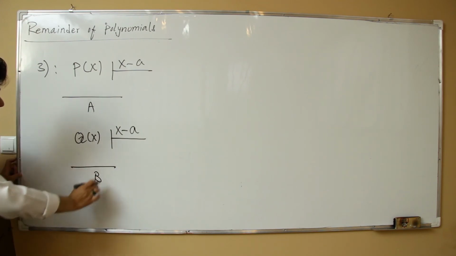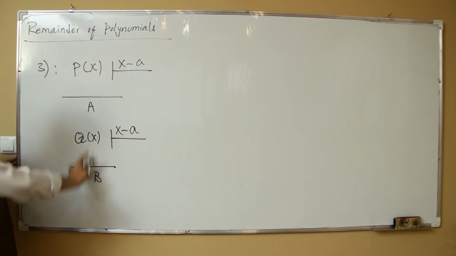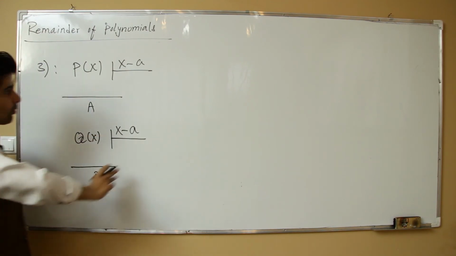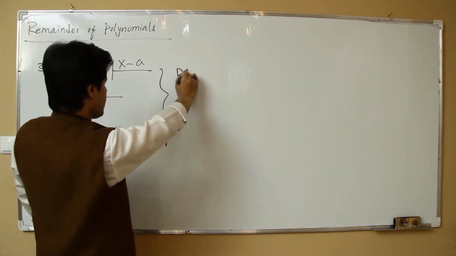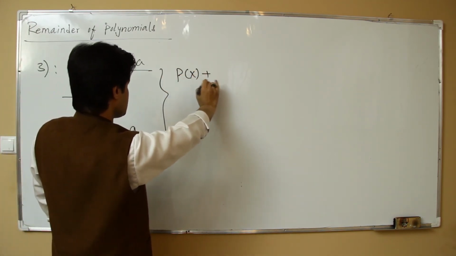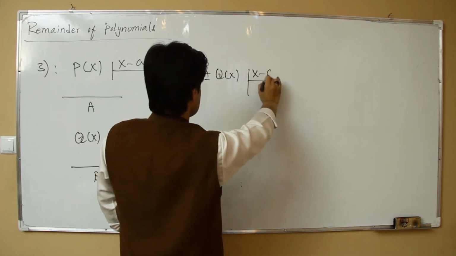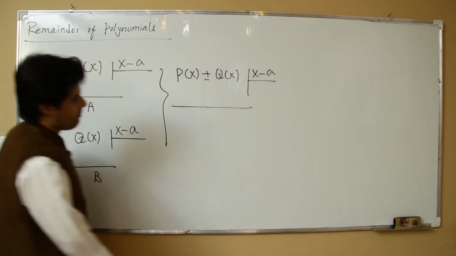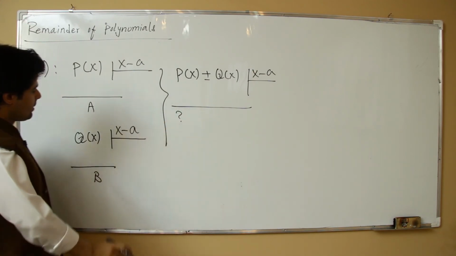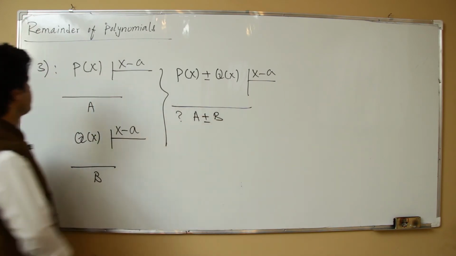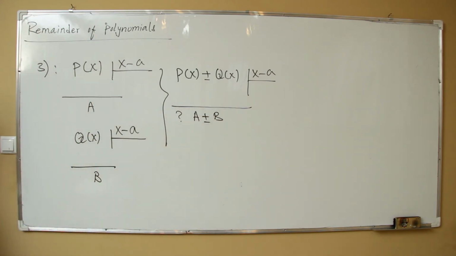Now the remainder is b. a and b are the remainders of p(x) and q(x) respectively. Now the question is: p(x) plus or minus q(x) divided by x minus a, what is the remainder? The remainder is a plus or minus b.